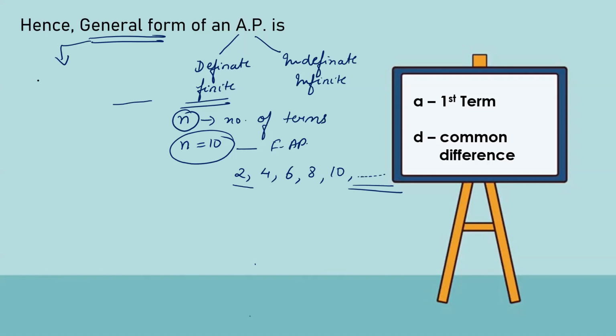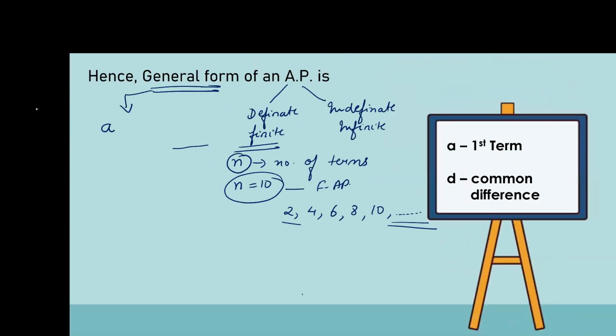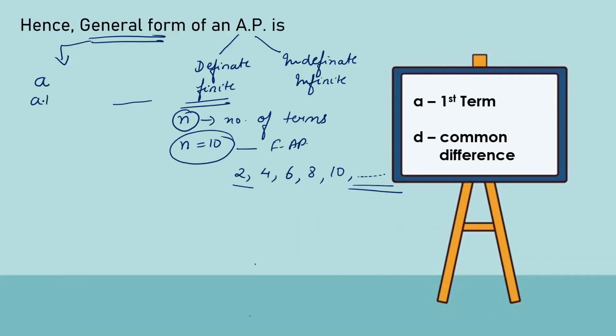So the first term will always be A, the second term will be A plus D, the third term A plus 2D, fourth term A plus 3D, fifth term A plus 4D.